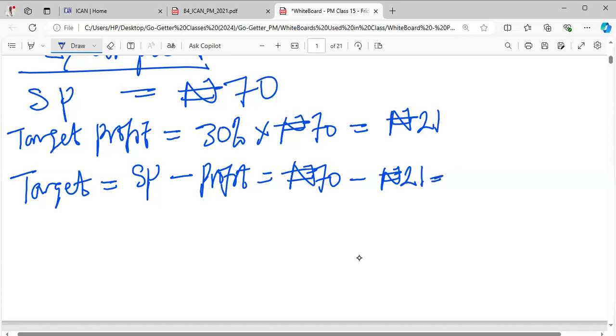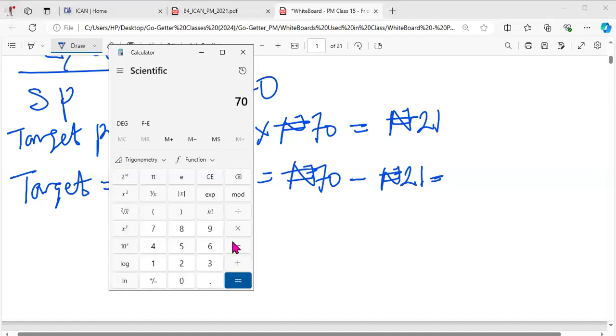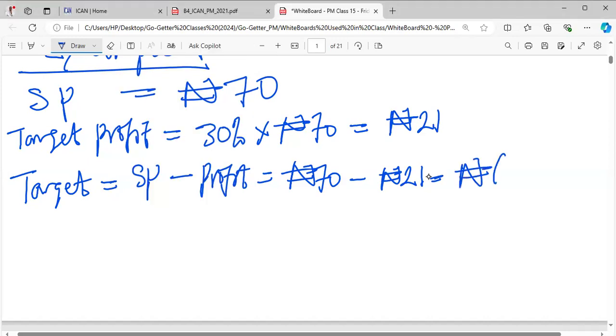I think that should be 49. Let's see. 70 minus 21, that's 49. So 49 naira is our target cost, right?